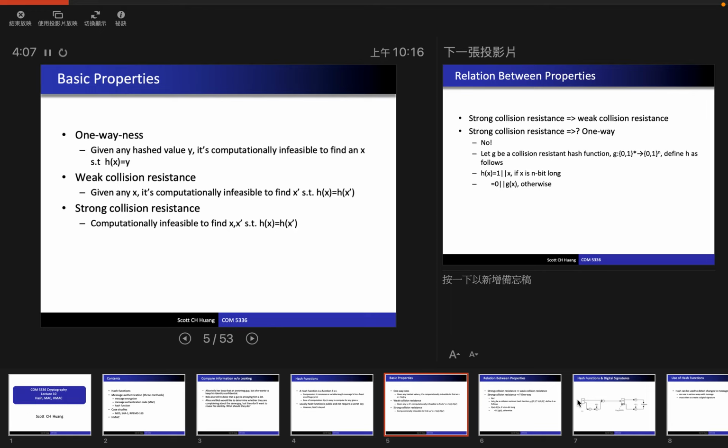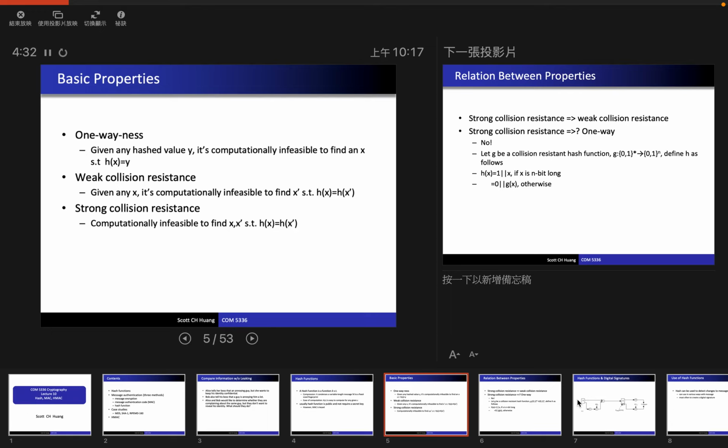If the two values, after being put through the hash function h, give identical outputs, we call this a collision. So weak collision resistance basically means: give me one of them, and it is computationally infeasible to find another one that collides with it. That's called weak collision resistance.